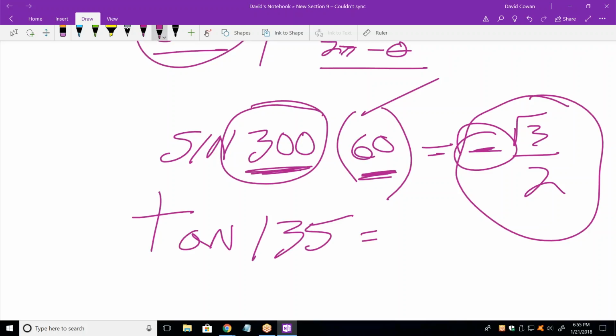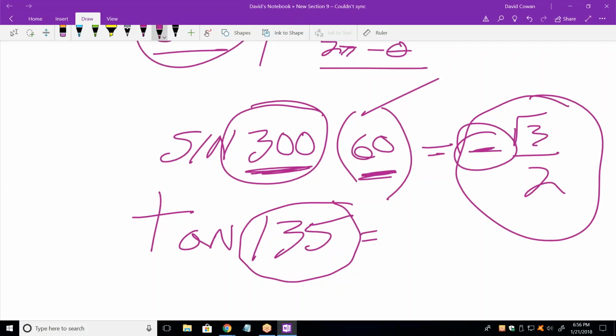Tangent of 135. So it's square root of 2 over 2, or that's negative, and then is that over square root of 2 over 2? It's not square root of 2 over 2. Tan is just the... First of all, what is the equivalent first quadrant angle that I'm talking about? 45.